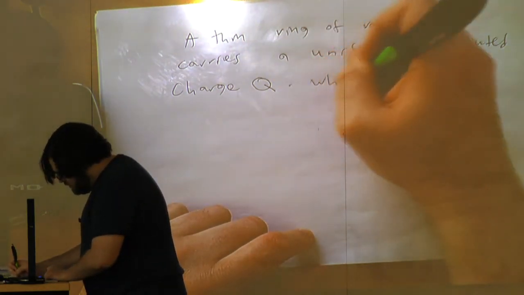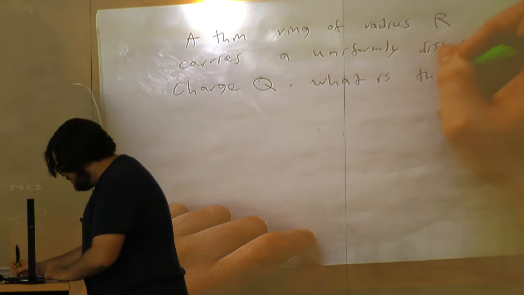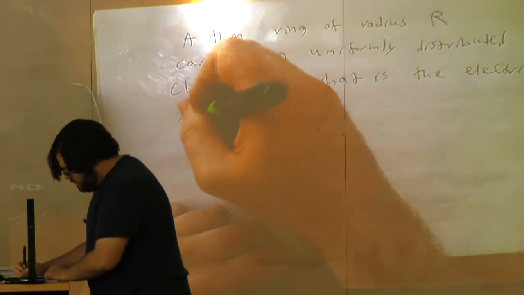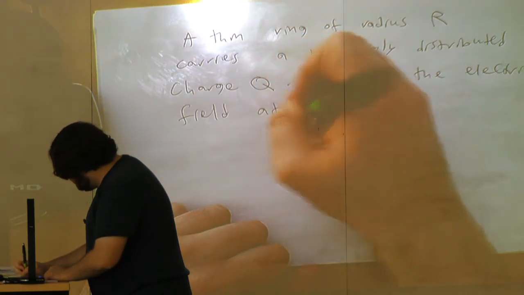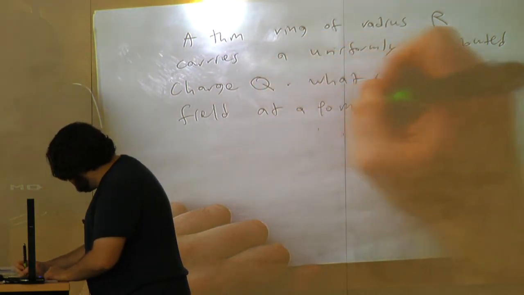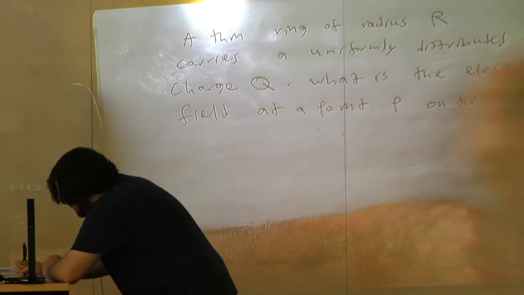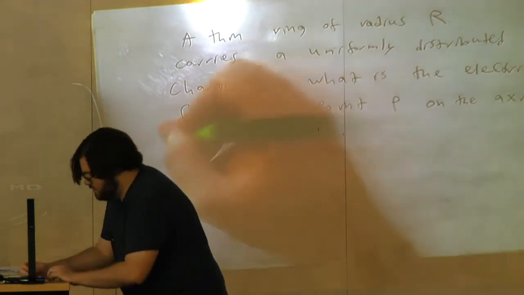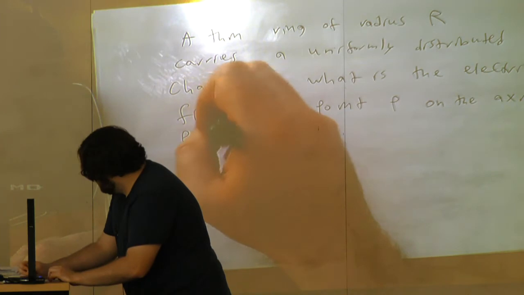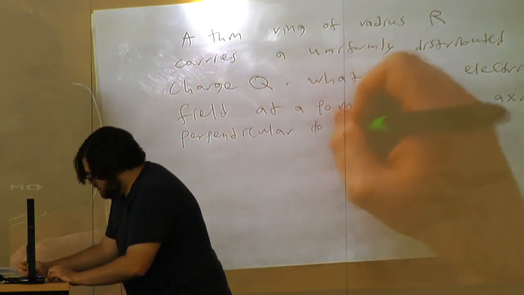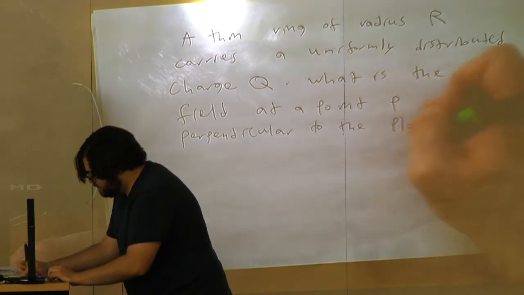What is the electric field at a point P on the axis perpendicular to the plane of the ring?